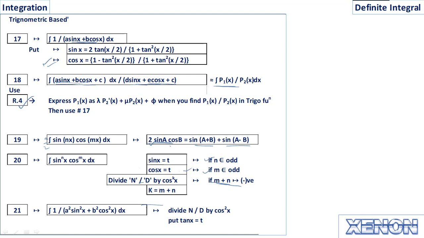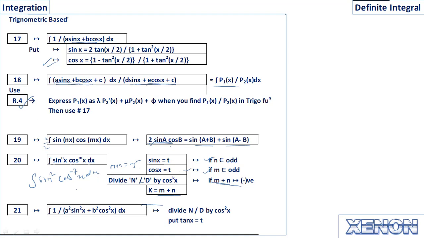Here k equals m plus n. For example, integration of sin square x cos minus 7x dx. Actually here m plus n equals minus 5.